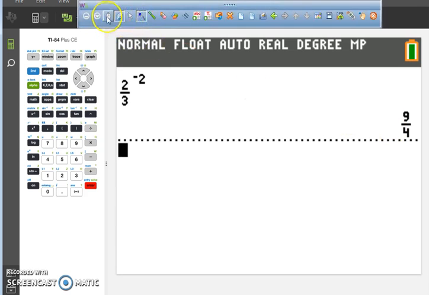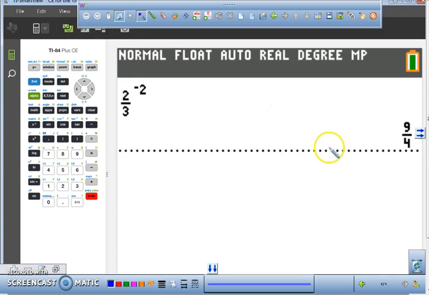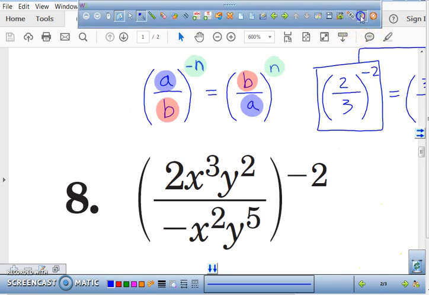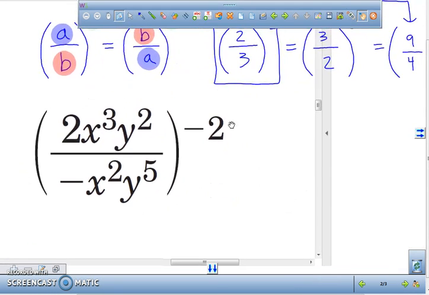So it kind of skips a step, doesn't it? Calculators don't show you the process, they just show you the final answer. But what does this actually become? It becomes 3 over 2 squared. The reason why I'm showing you this, hopefully you understand, is because this whole thing right here represents my A.